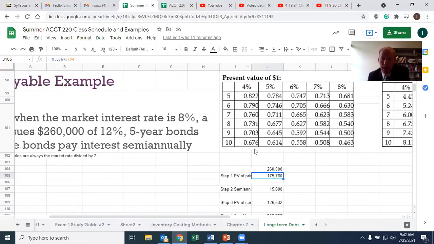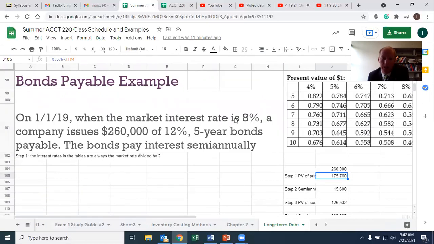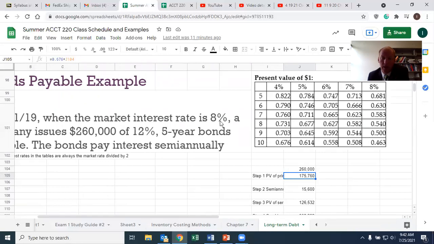Anytime you go up to the table, always use the market interest rate divided by 2. So we're going to go 8% divided by 2, which is 4%, and then take the number of years and multiply that by 2, so that would be 10, obviously. So 4%, 10 periods gives us a multiplier of 0.676.